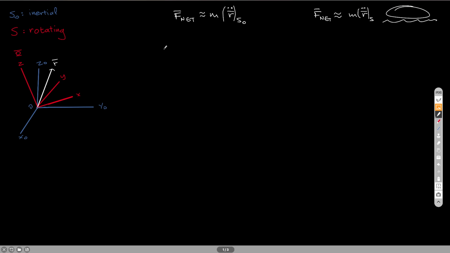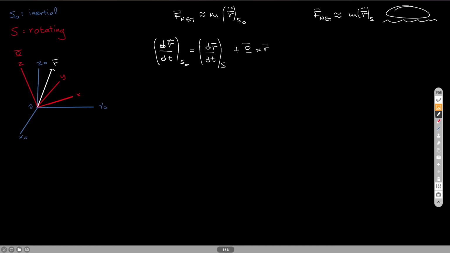Now, I did show you last time that you can take a time derivative in the inertial frame of reference, and this will be equal to the time derivative in the rotating frame of reference with the addition of this cross product.